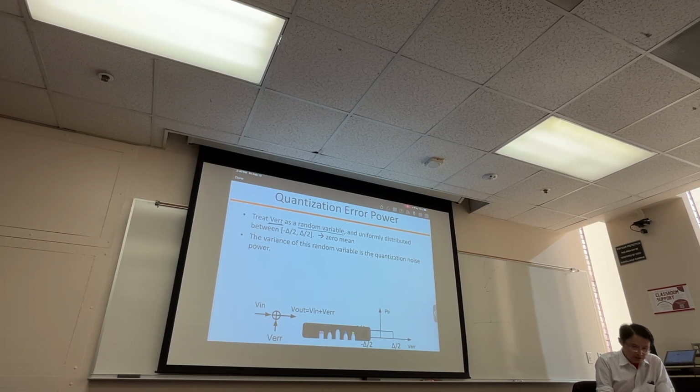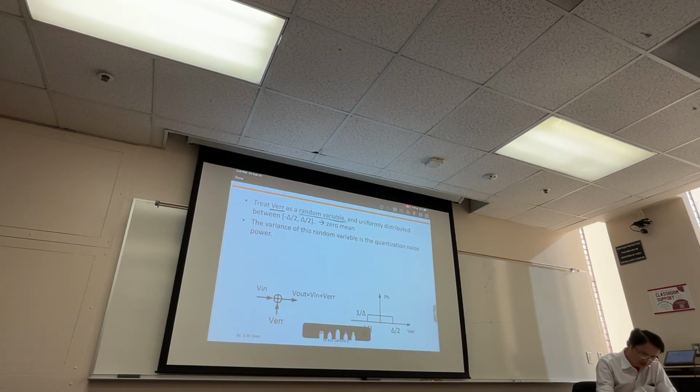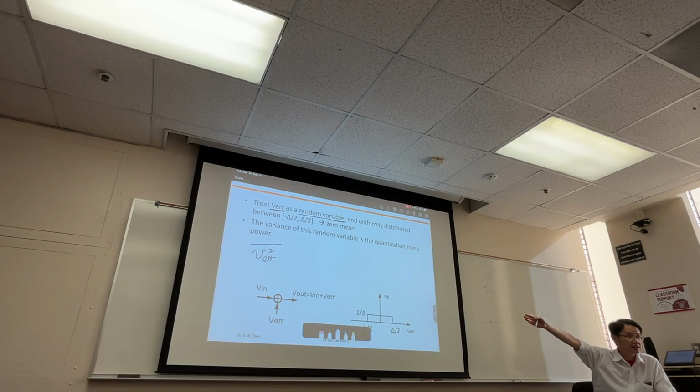I hope you still have some memory of your probability class. How do we analyze the power of a random variable? If you forgot, that's okay, let's walk through it. The power of a random variable is basically the second moment.